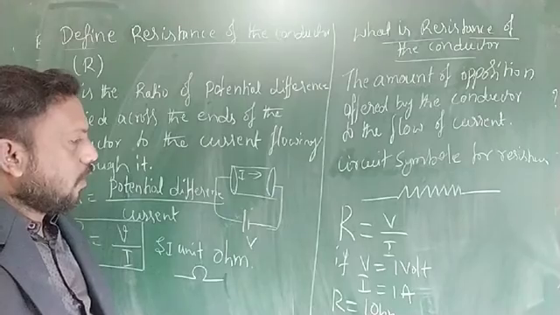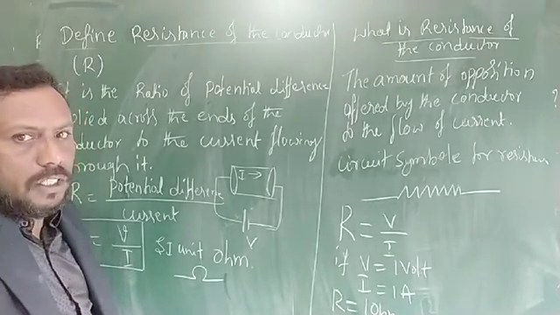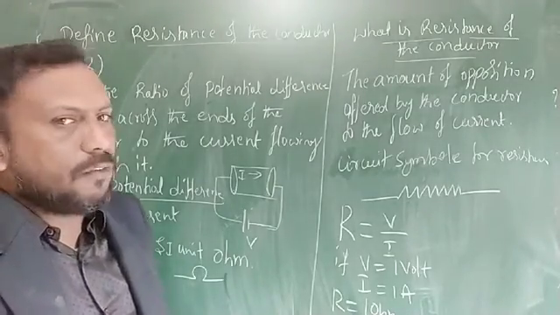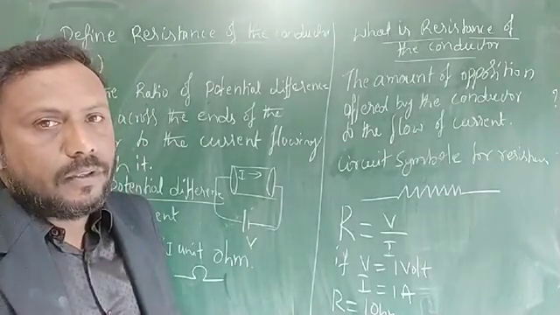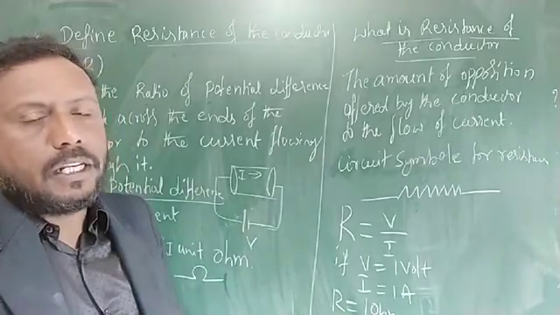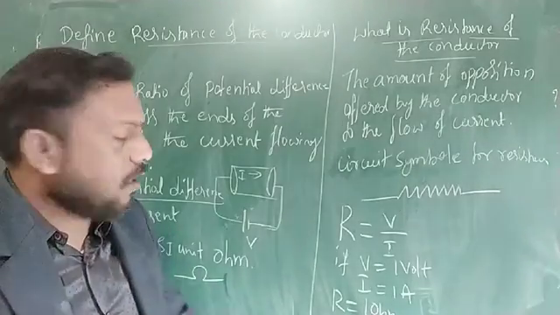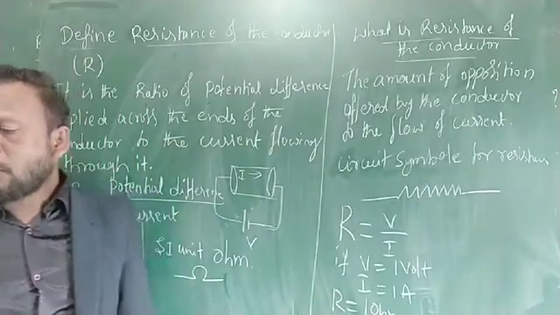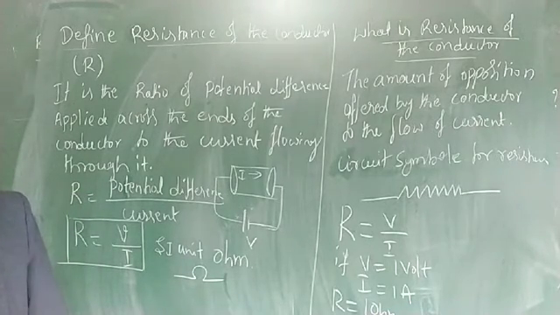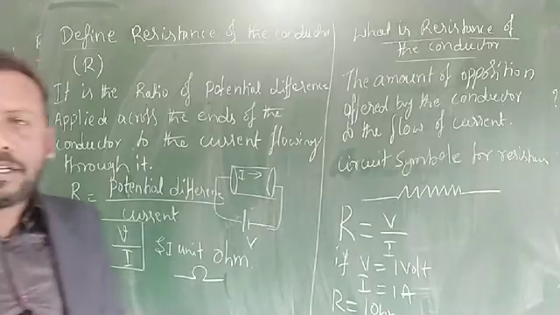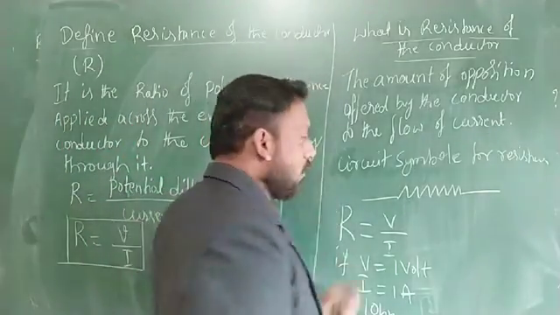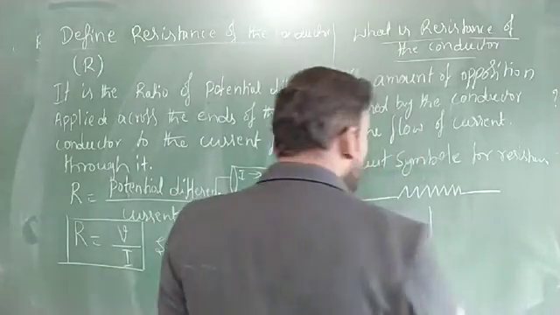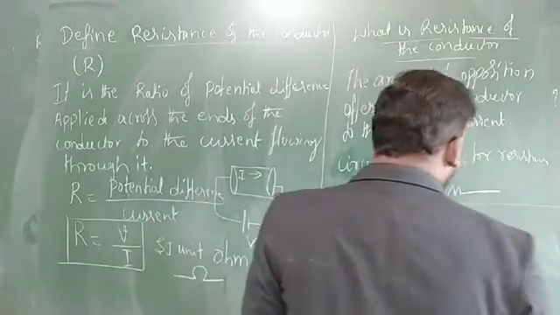If 1 volt of potential difference is applied across the ends of the conductor and 1 ampere of current flows, the resistance is called 1 ohm. The resistance of the conductor is said to be 1 ohm if 1 ampere of current is flowing through it when a potential difference of 1 volt is applied across its ends.